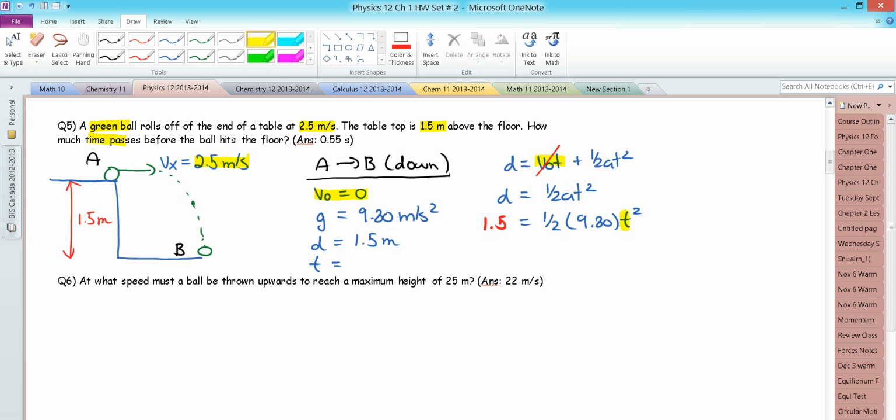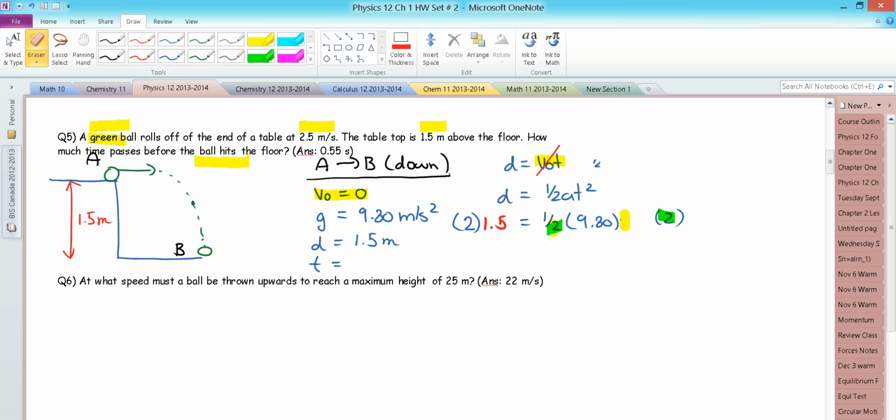Now, if I want to get rid of this 2, all I have to do is multiply the left-hand side and the right-hand side by 2. If I multiply that by 2, you'll see that this 2 and that 2 will cancel out. So I'll get rid of that now.